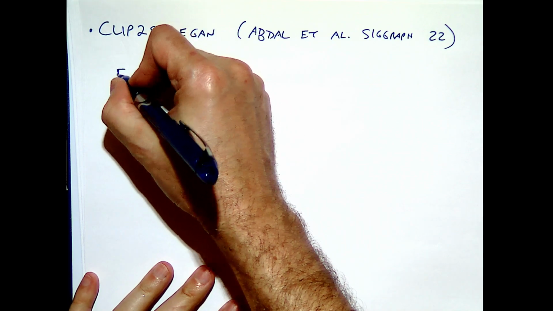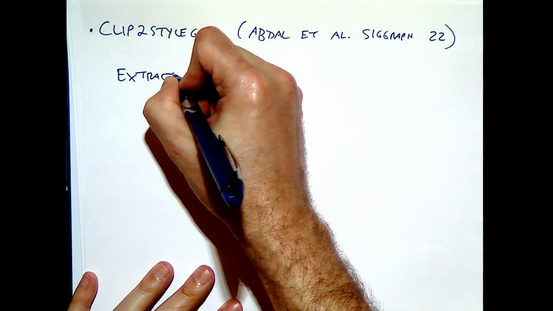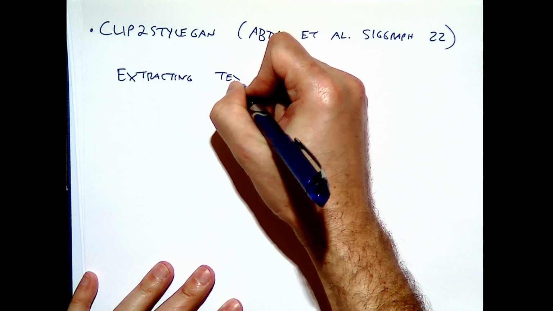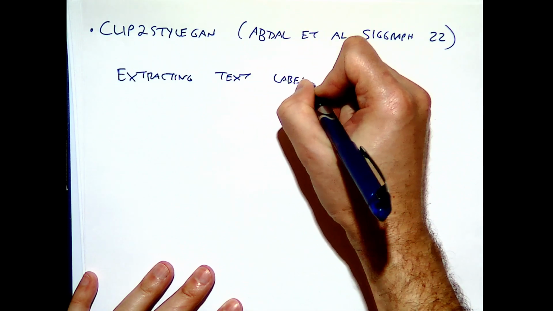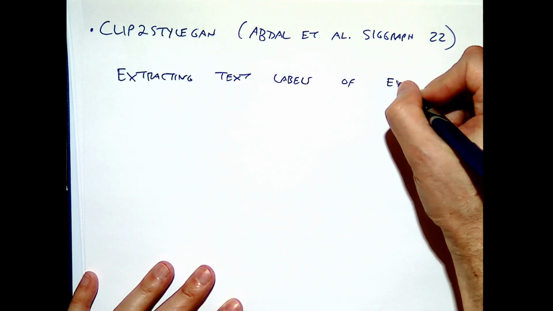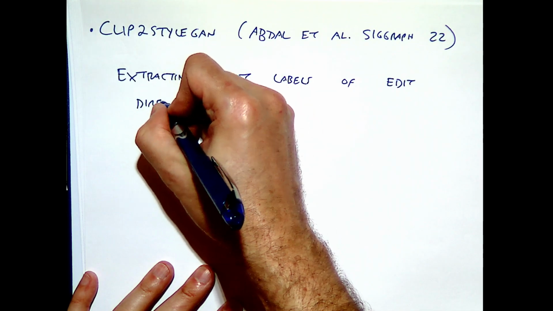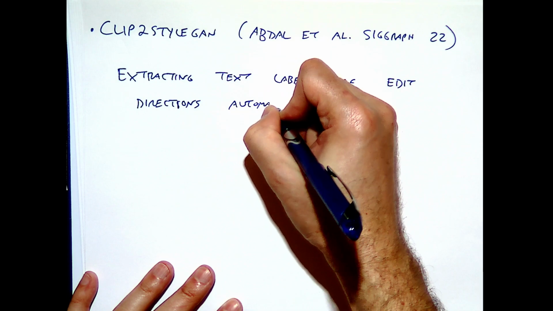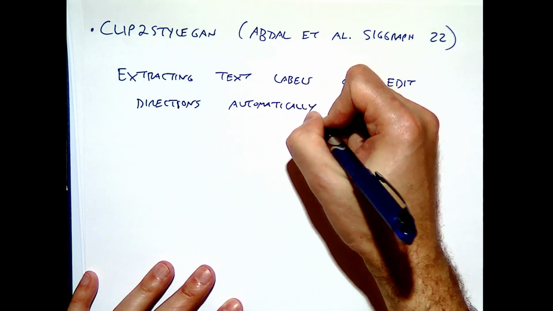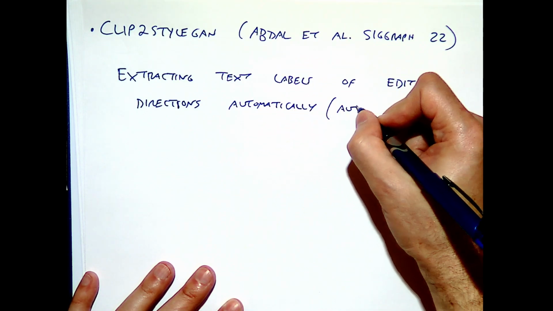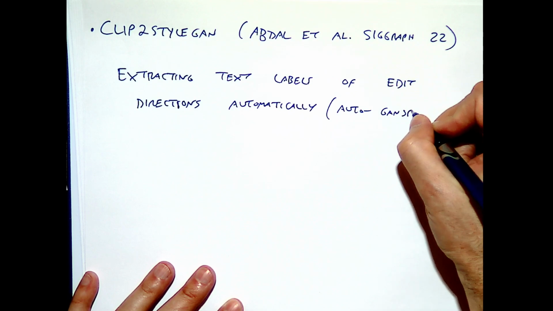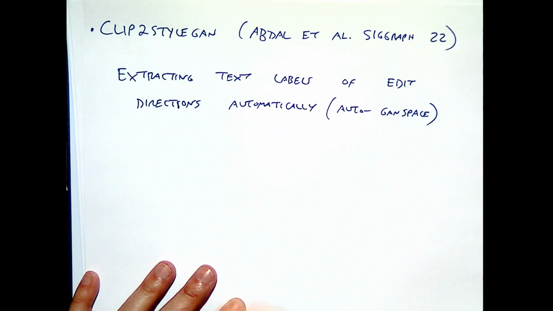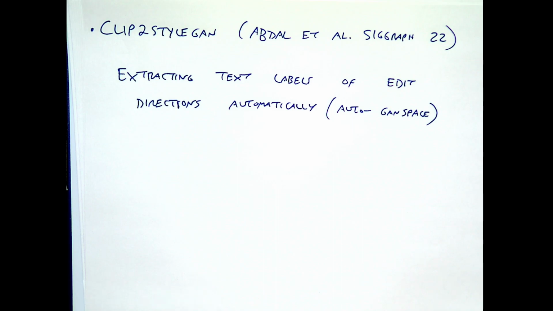So this was basically extracting text labels of edit directions automatically. In some sense, this is kind of like auto GAN space, right? In GAN space, the authors poked around and found interesting edit directions and gave them names, right?